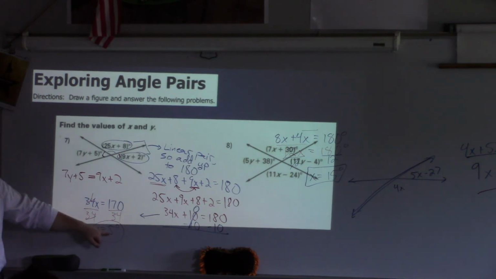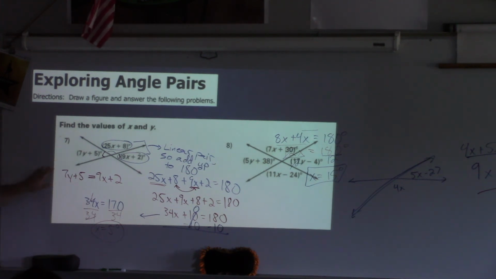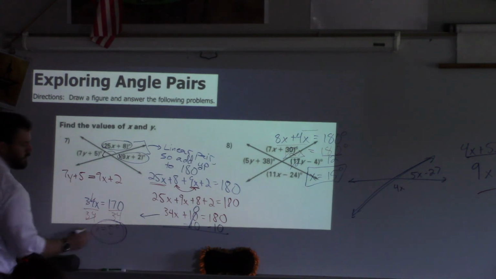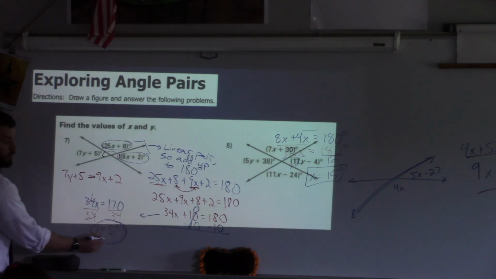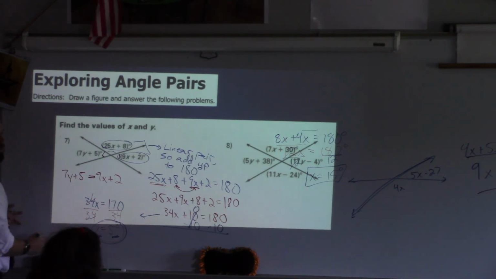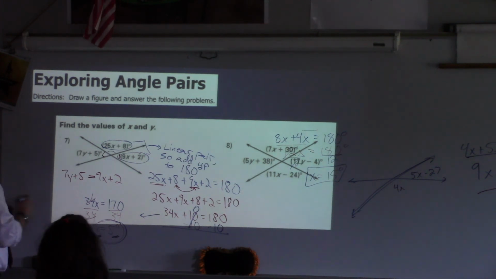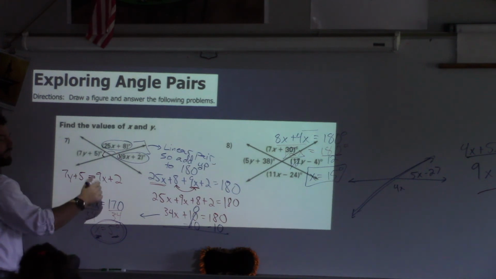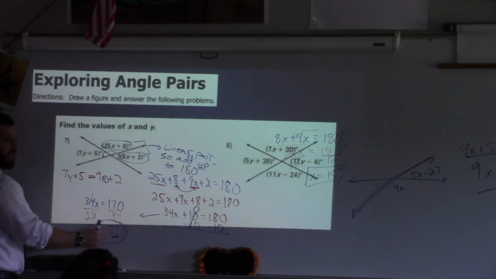If I know that x is 5 degrees, how can I use that to help me solve for y? 7 times 5? No. What is 5 degrees? X. So where can 5 go? Can it be substituted in for x? Not for 9x, just x is 5 degrees.